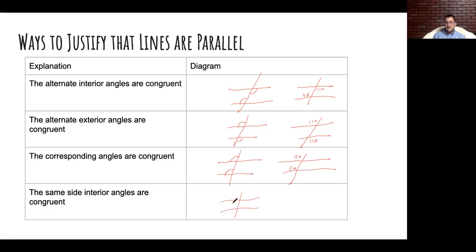So this would be a situation where maybe this is like 70 and 110. So the angles that are on the same side add to 180. So please take a pause there and make sure that you copy this chart down, because this is the type of thinking that will help you create good justifications today.